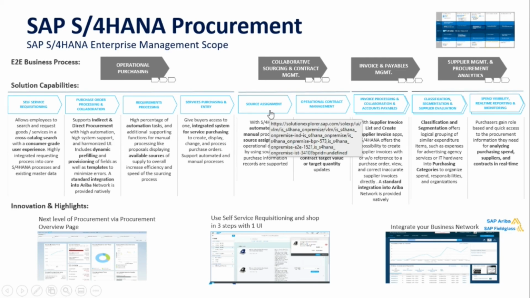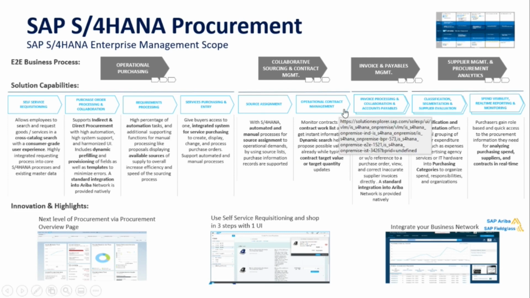We have the source assignment with S/4HANA automated and manual process for source assignment using source lists, purchasing information records. We have operation and contract management with contract work list, dynamic search, typing contract target value or target quantity, invoice processing, elaboration, and accounts payable.